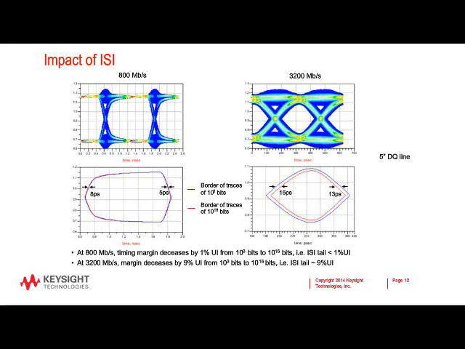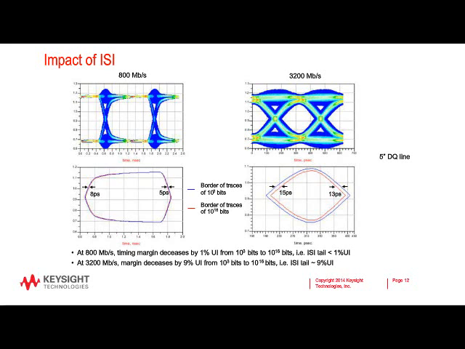So the idea of the eye diagram is, of course, you account for many, many different waveforms and you overlay them to form an eye diagram, and you get a visual representation of how much variance there is bit to bit and build up this probability density function. You see why this is important. In the older generation where we only have 800 megabits per second, the difference between the traces, 10 to the 3 bits and 10 to the 16 bits, is pretty small.